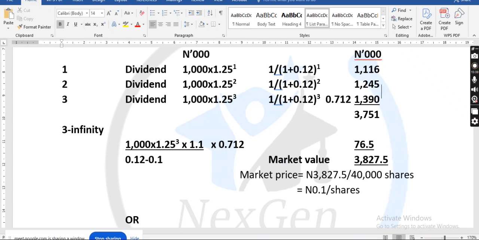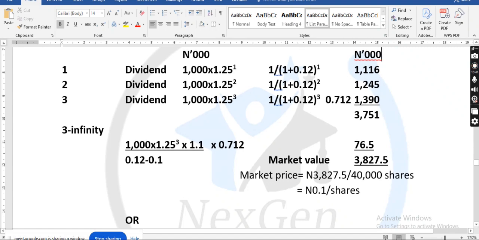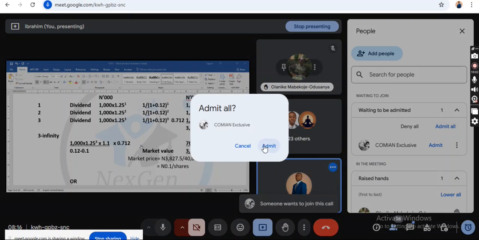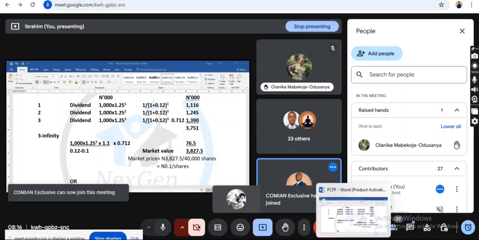The dividend is supposed to be 1 million, but we reduced it to 1,000. So in this place, we should not have abbreviated 76.5. We should have given the full figure. Thank you for the observation.